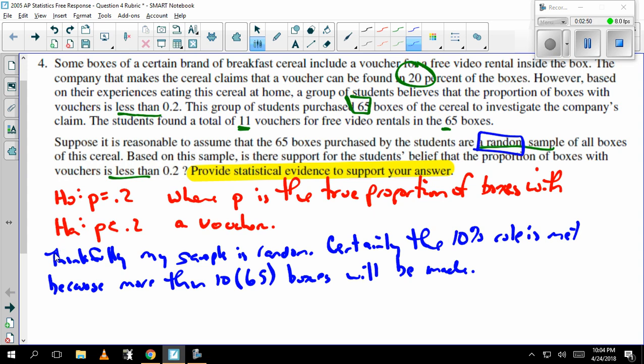And finally, we need to check and see if our sample size is large enough. So I want to make sure that I have enough successes and failures to make this work. Since this is a hypothesis test, I'll check it this way.